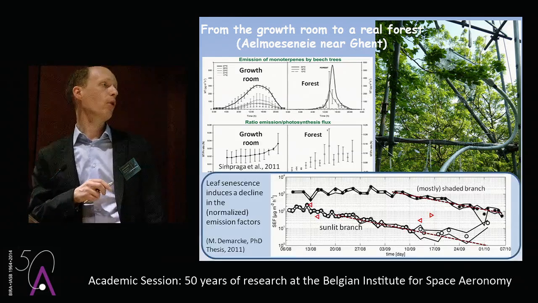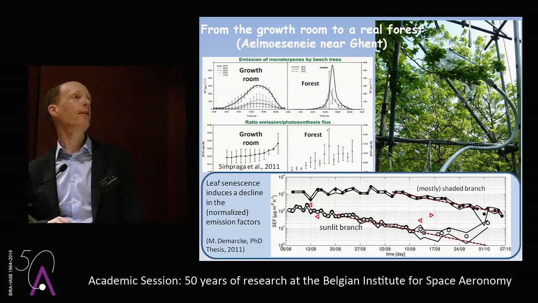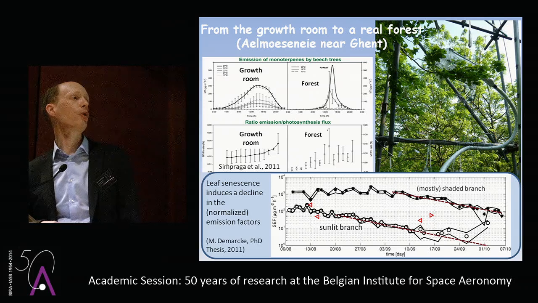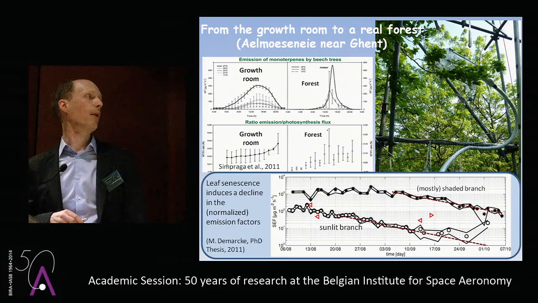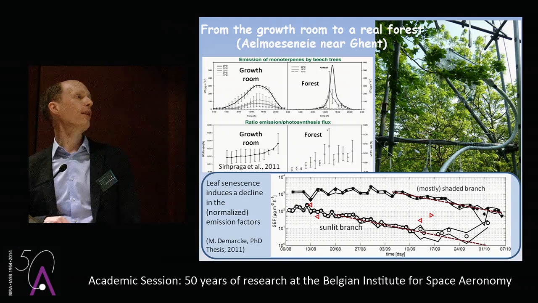Also, and even more interesting, we had different cuvettes at different heights in the tree. One of the branches was mostly sunlit, exposed to sun, and another one was shaded a large fraction of the time. And what we find is that there is an effect of leaf senescence, and that's a log scale.